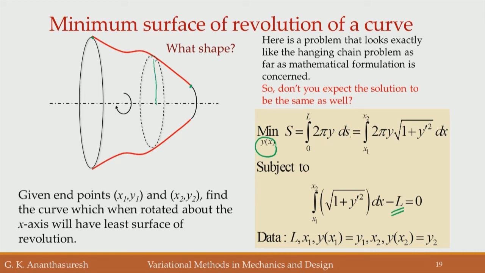Then I would like to extremize this surface area subject to this constraint, which is a given length between 2 given points, the minimum surface. And for that we get a problem such as the one shown here.